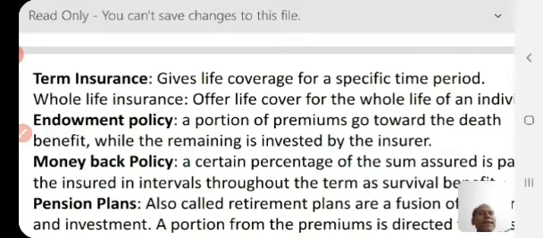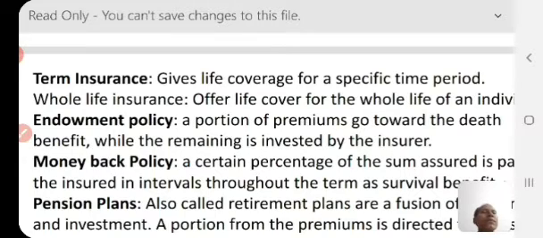So the investment bits collected from the various policyholders are pooled, gathered, and invested in other profit-earning companies, in shares, debentures, or anything else.